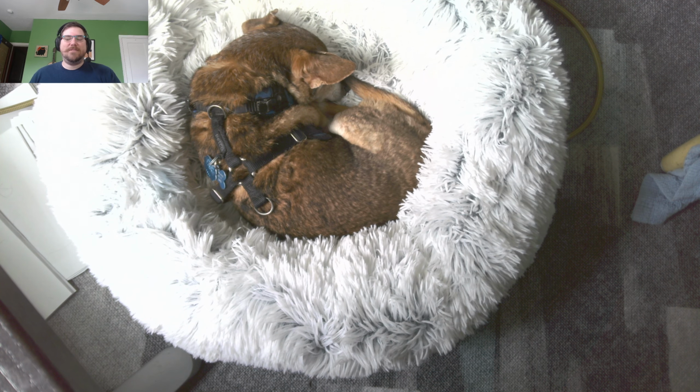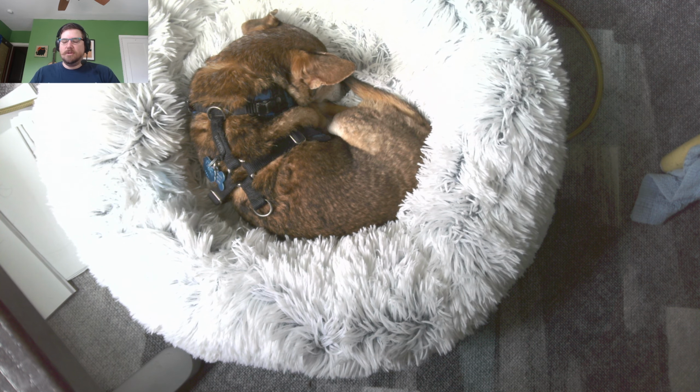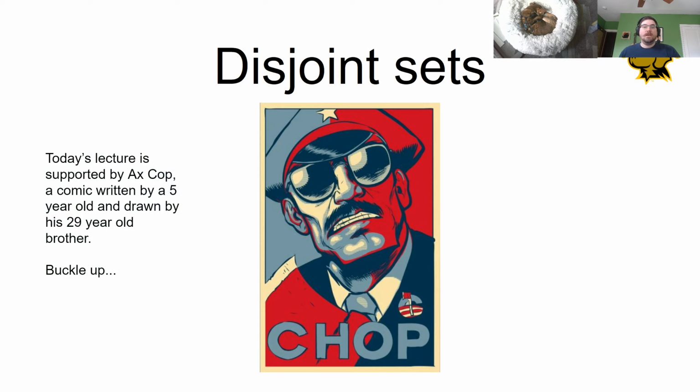And this is one of my favorite lectures to do because it's brought to you by a good friend, Axe Cop. So if you're unfamiliar with Axe Cop, Axe Cop is a comic that was written by a 5-year-old and drawn by his 29-year-old professional artist brother. And it's amazing. It doesn't make any sense.